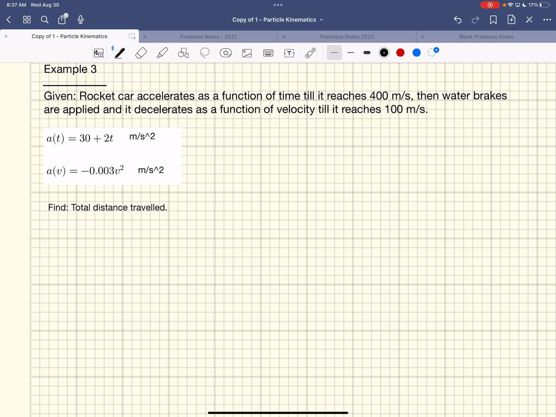It's actually pretty cool. Maybe on Friday we'll watch some videos of this. They did some tests back in the day to see the maximum acceleration that the human body can take without dying. They strapped a guy to a rocket car with water brakes and got him going really fast. The max accelerations are when he's decelerating, when he hits that water, and it's like his eyes pop out of his head.